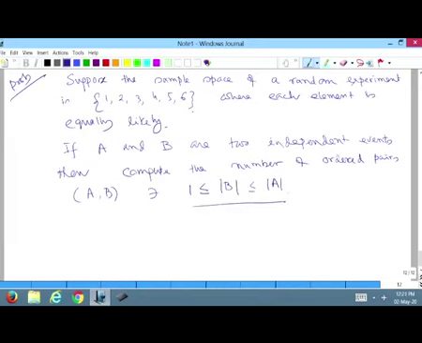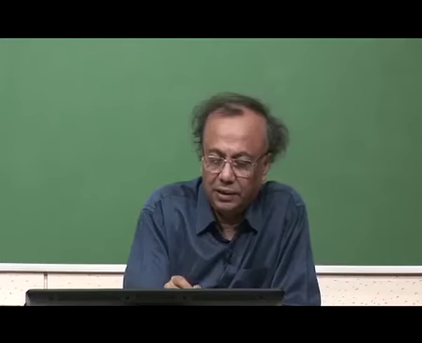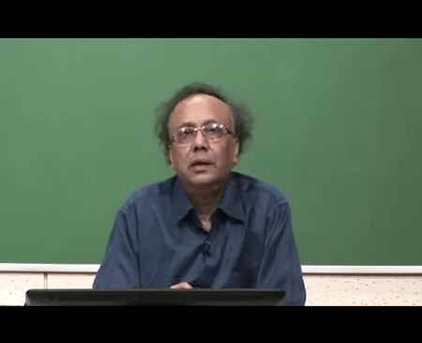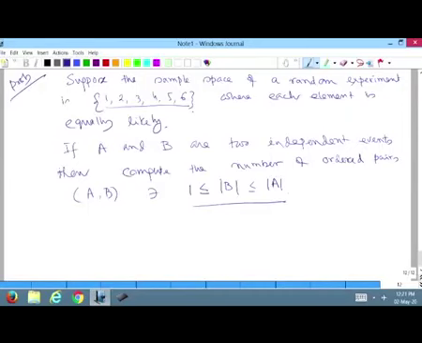So, I hope you understand the problem. There are 6 elementary events in the sample space. They are equally likely. We want 2 events A and B such that they are independent. Now, we want to see how many such pairs are possible such that |B| is, let us make it strictly, less than |A|.